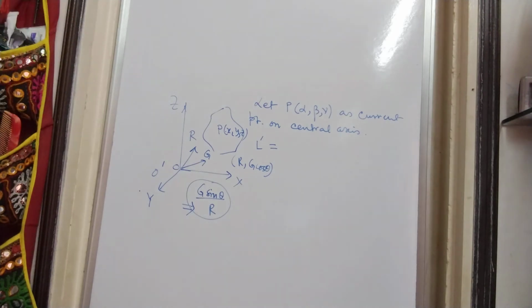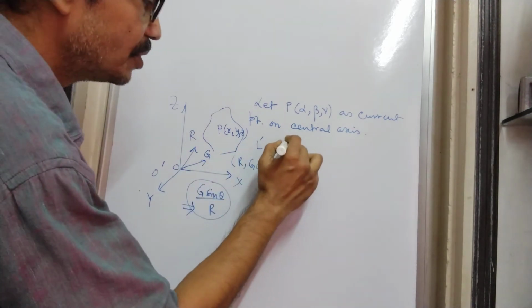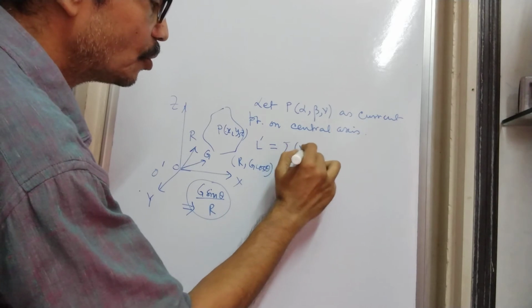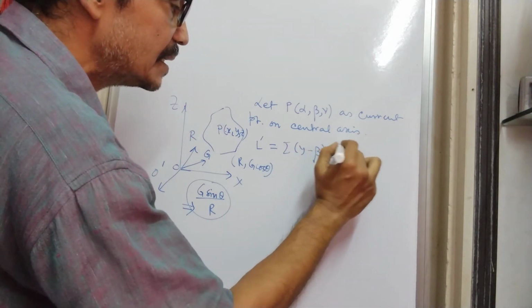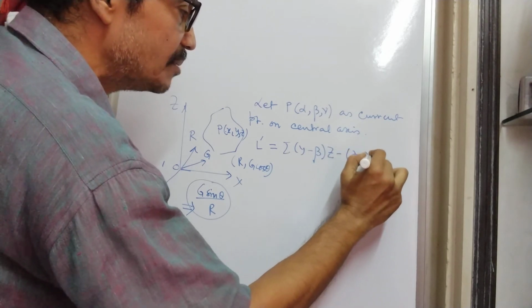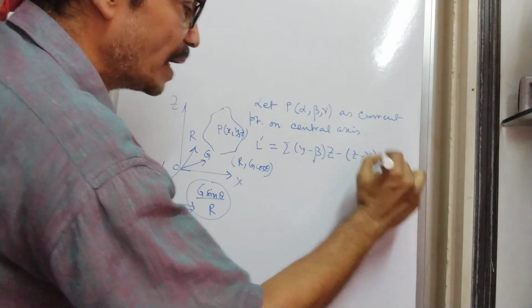L prime will be nothing but summation of y minus beta into Z, minus z minus gamma into Y, isn't it so?